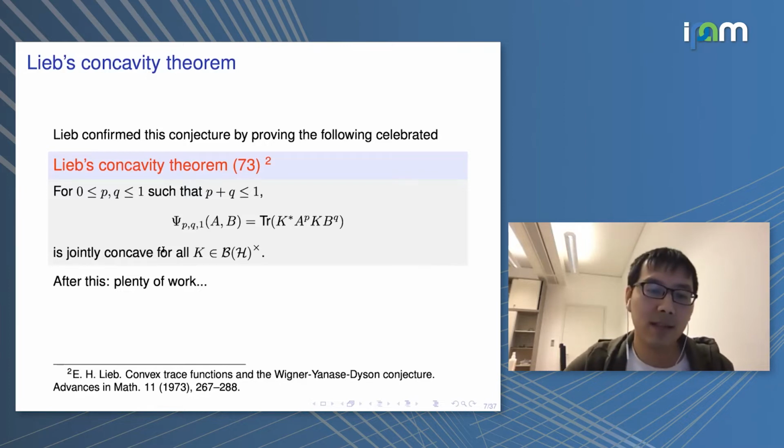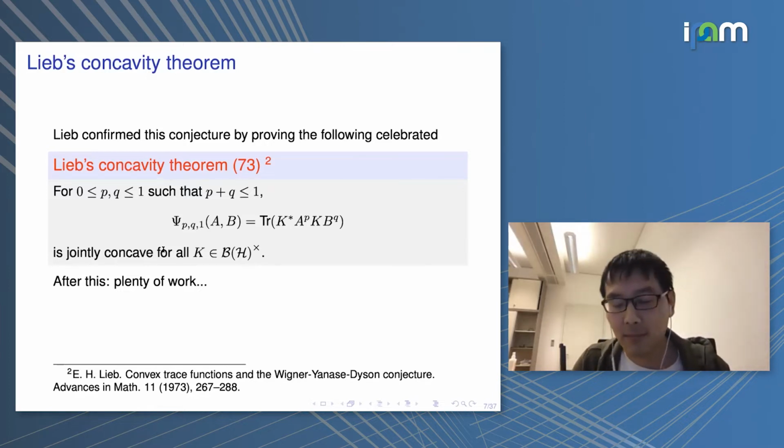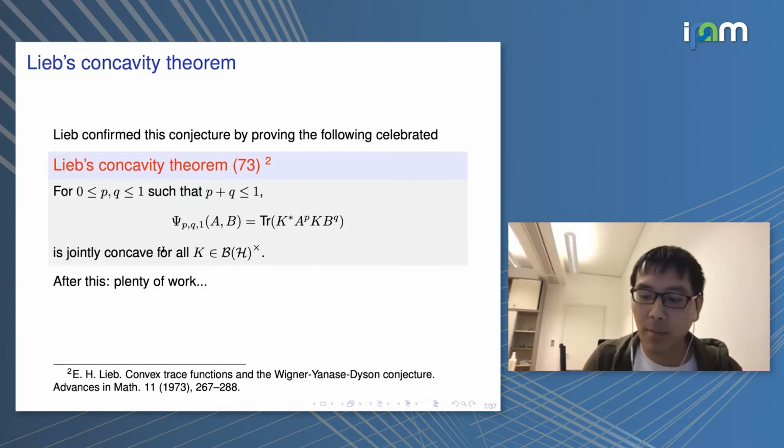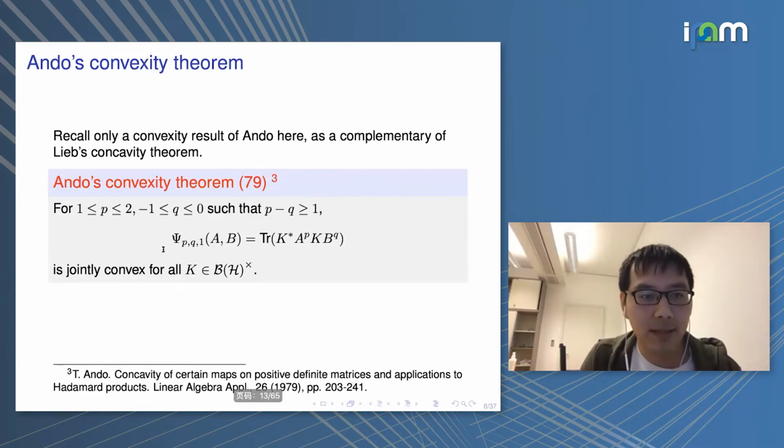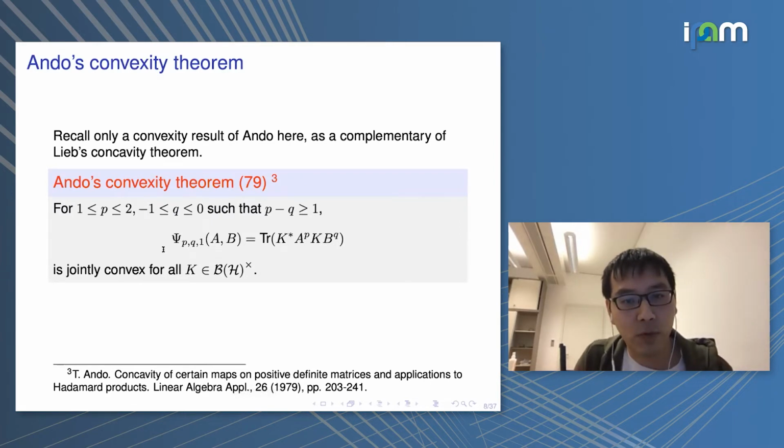And after this, there is plenty of work on the joint convexity and joint concavity of trace functionals, which I can hardly recall most of, but there is only one result that I need to recall here, which will be used in the following, the following convexity result of Ando. So this can be considered as a complement of Lieb's concavity theorem, which says that for p between 1 and 2 and q between -1 and 0, such that p minus q is bigger than or equal to 1, then this function is jointly convex.